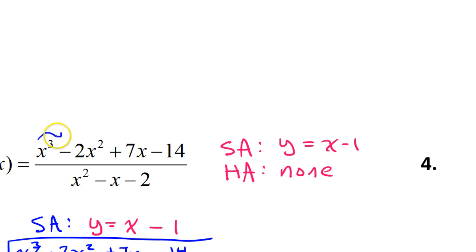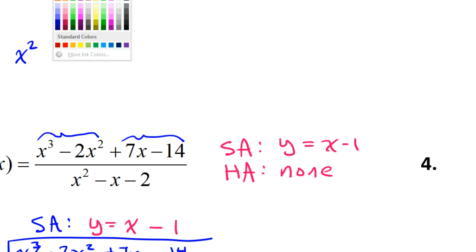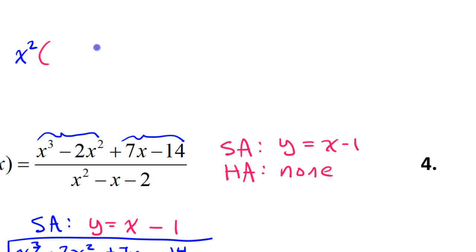Okay, so if I group these two terms and these two terms, my GCF here is x squared. So if I pull that out, I'm going to have x squared, and then in parentheses, x minus 2. Now I'm betting I'm going to have another x minus 2 over here.